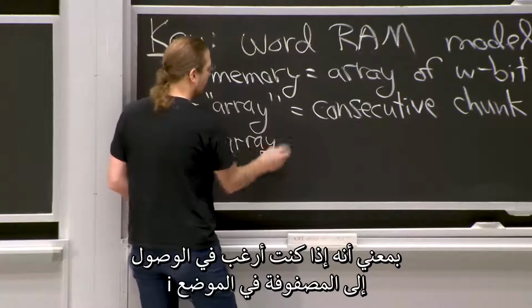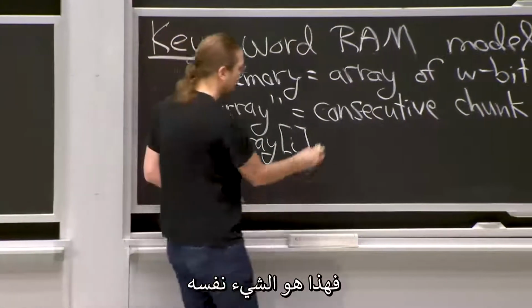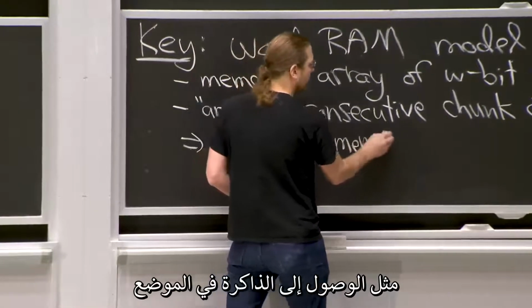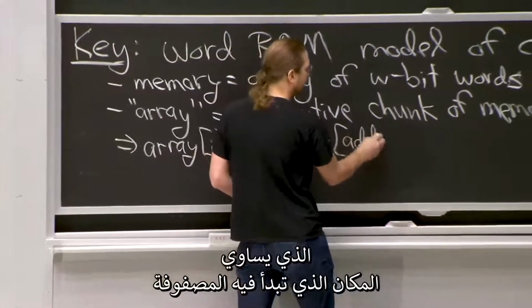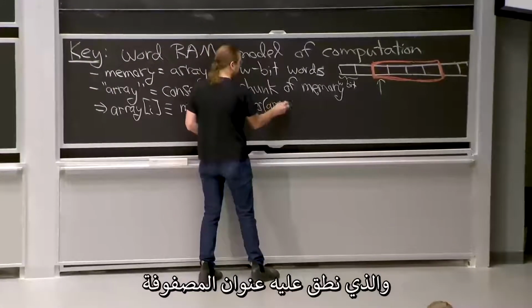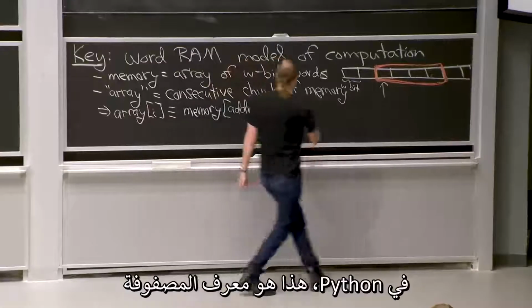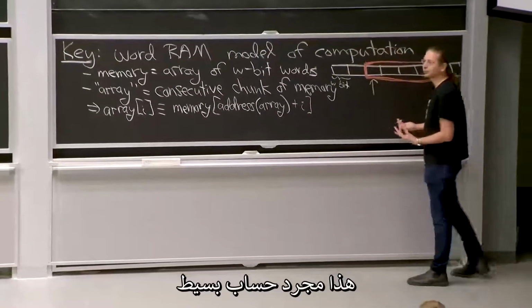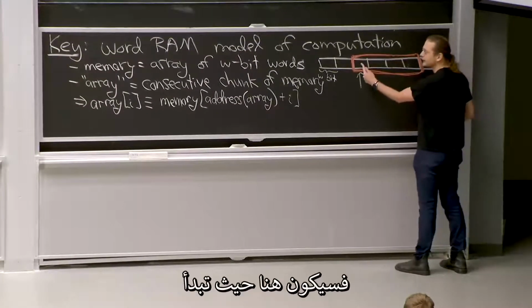array at index i, then this is the same thing as accessing my memory array at position wherever the array starts, which I'll call the address of the array. In Python, this is id of array, plus i. Okay, this is just simple offset arithmetic. If I want to know the 0th item of the array, it's right here where it starts.